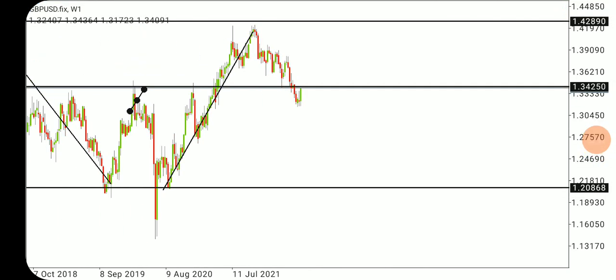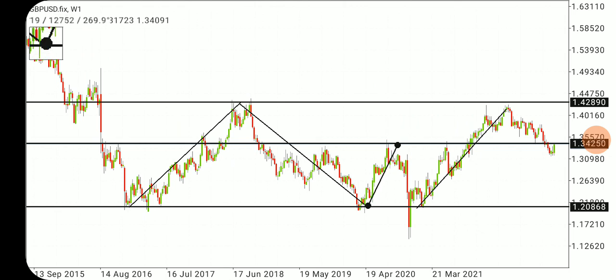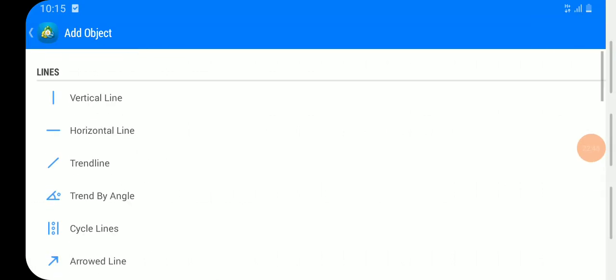And then we had this inner resistance that we had here from this range movement.